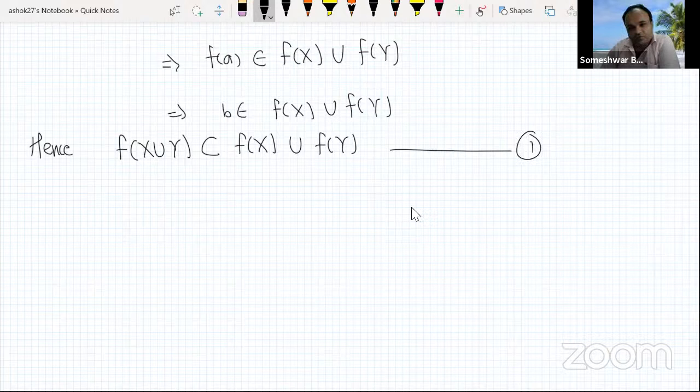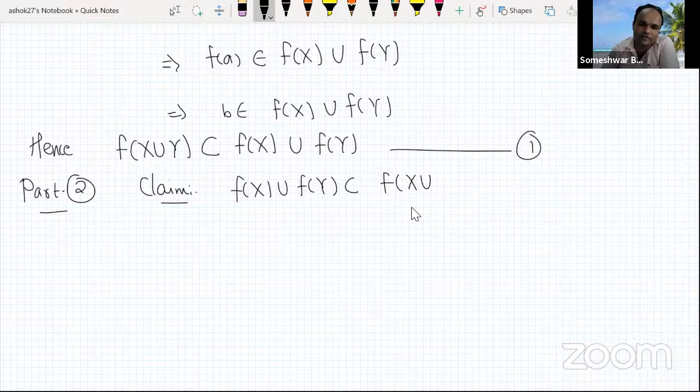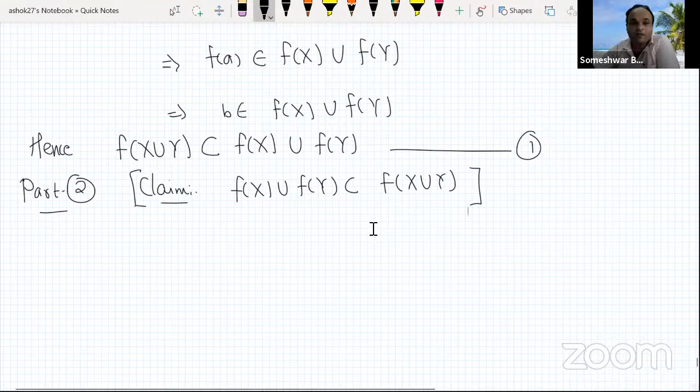In the second part, part 2, what is our claim? Our claim is the reverse inclusion, that is, f of x union f of y is a subset of f of x union y. I will take one element from here and put it there.